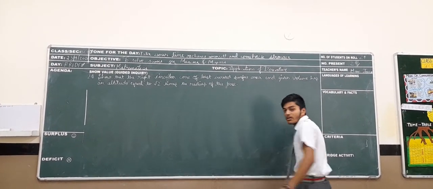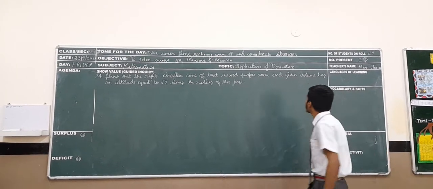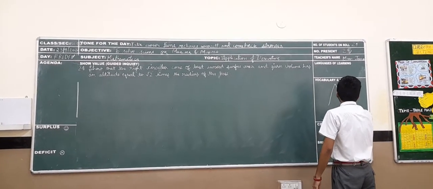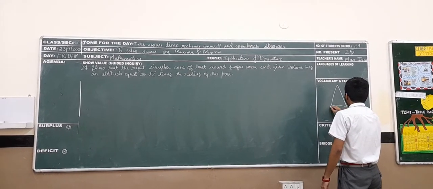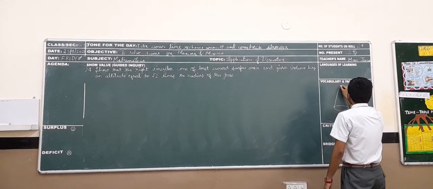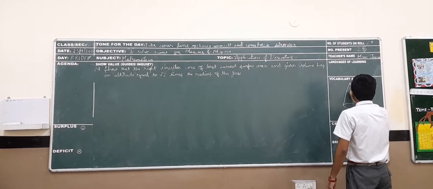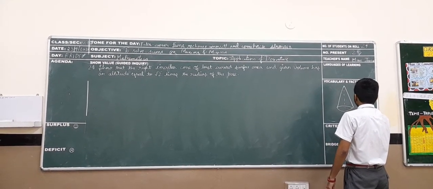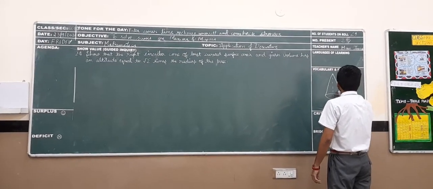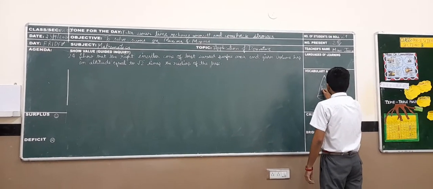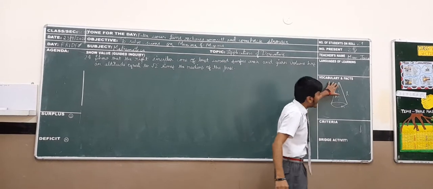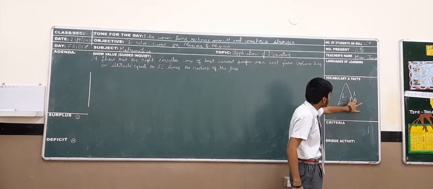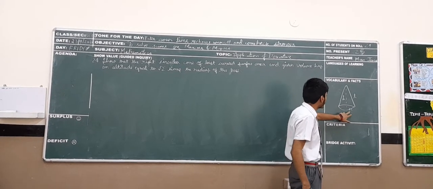First let me draw the diagram of the cone. This is the height of the cone and this is the slant height, and this is the radius of the cone.